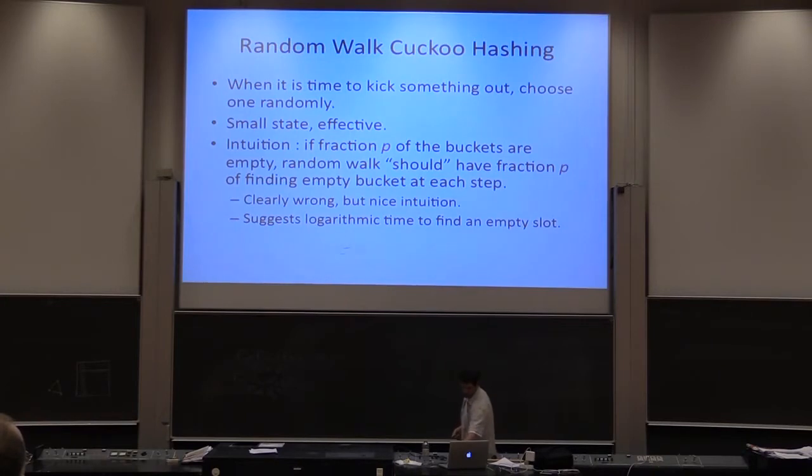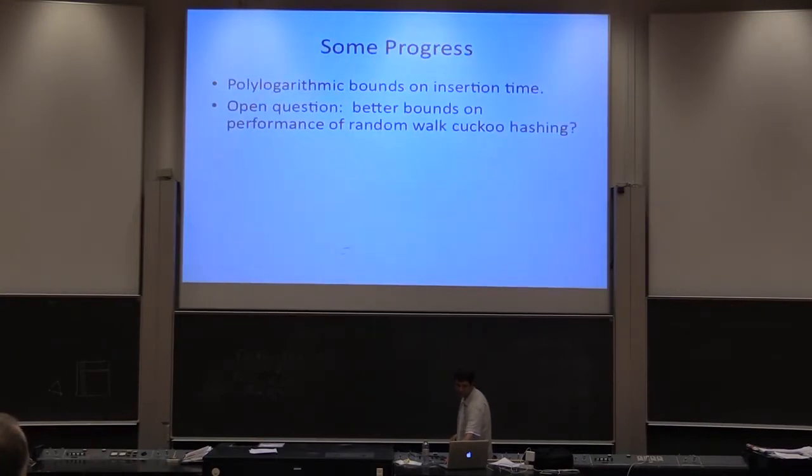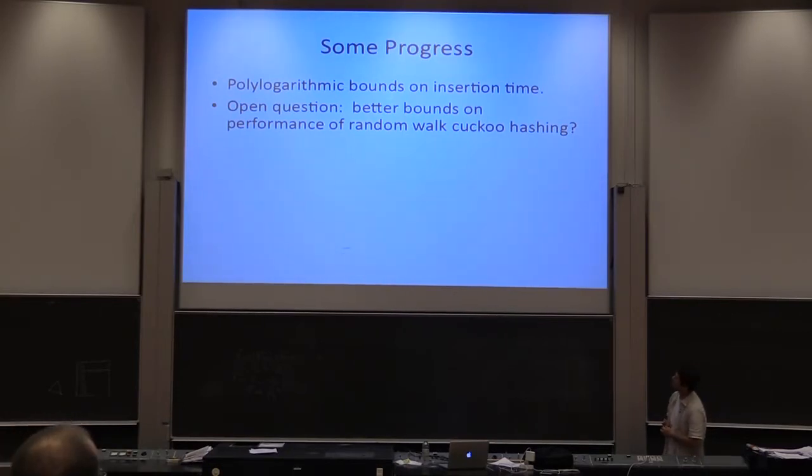So this is a good big open question in cuckoo hashing. What's the behavior of random walk cuckoo hashing? How fast will I be able to find an empty spot if I just kick things out randomly? There are proofs now that show you can get polylogarithmic bounds on the insertion time.